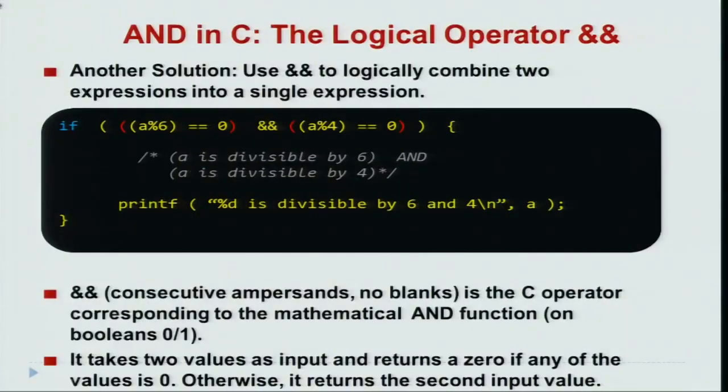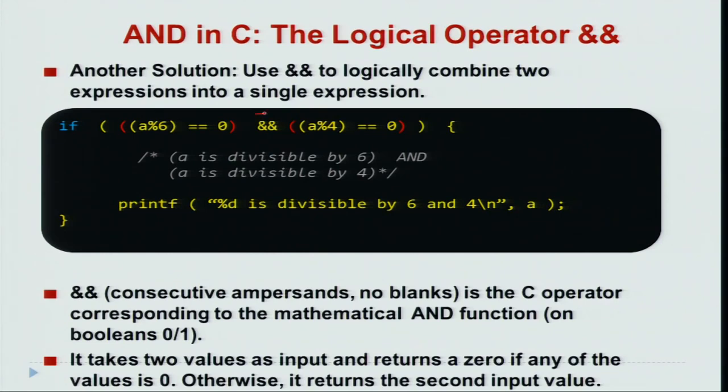So there are three logical operations, AND, OR, and NOT, and C provides all of them. Okay. So the same if condition that we wrote before, we could have easily said if it is divisible by 6 and if it is divisible by 4, then print the output, right. So for this, C provides an operator which is the Boolean AND operation.